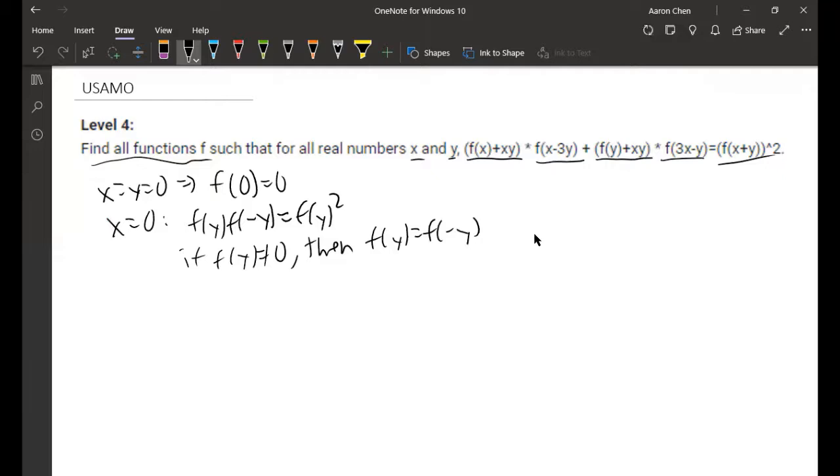And so now we can substitute y equals negative t. And what that means is that if f of t is equal to 0, then we also have that f of negative t is equal to 0 for t in R.